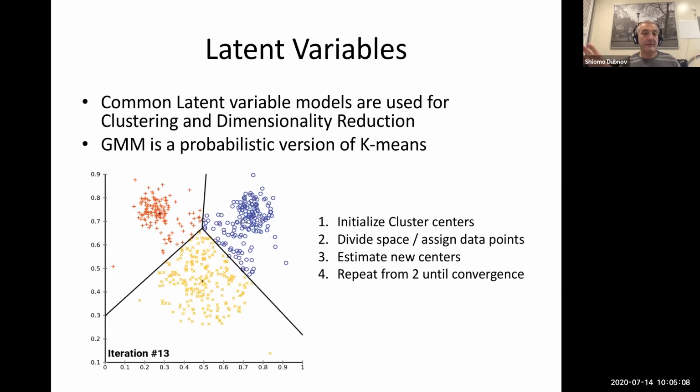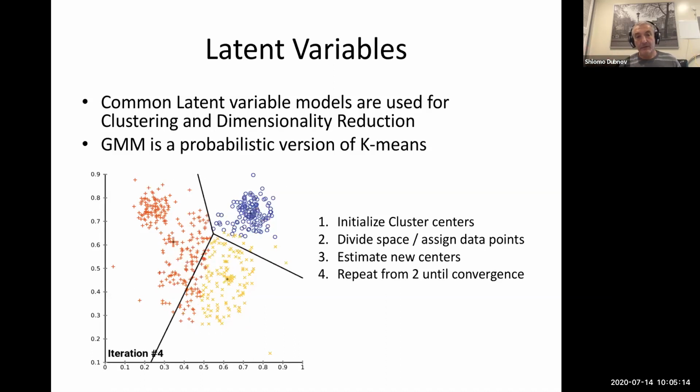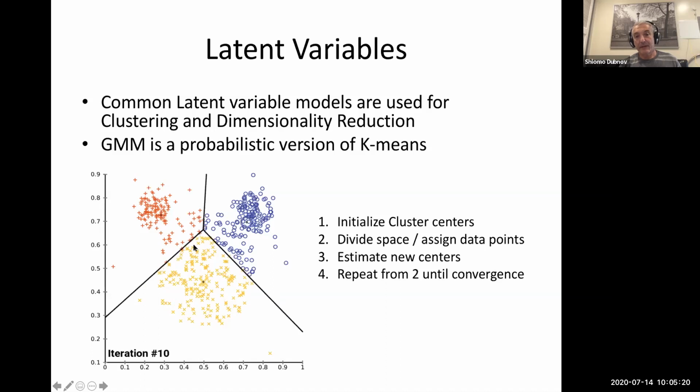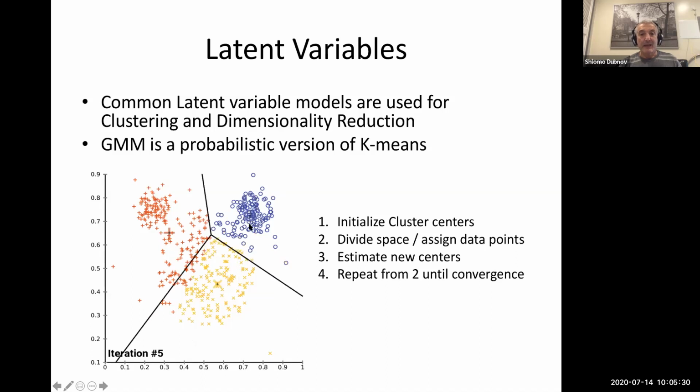Of course, they're totally wrong, but they already induce a partition on your sample space, shown as these lines that divide the space between these three cluster centers. So each one has its own kingdom, and these are the boundaries between these kingdoms.